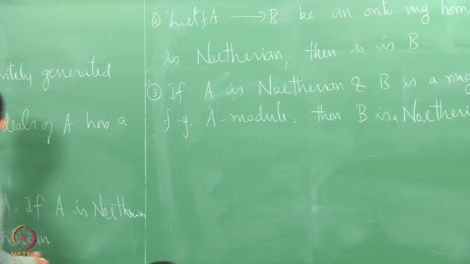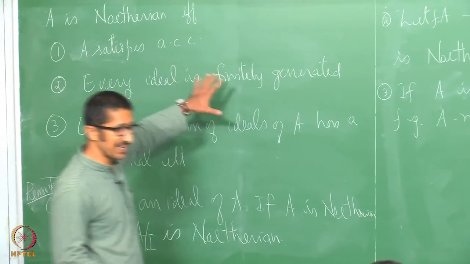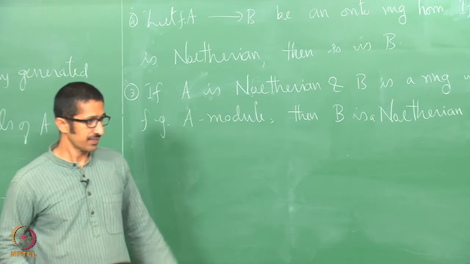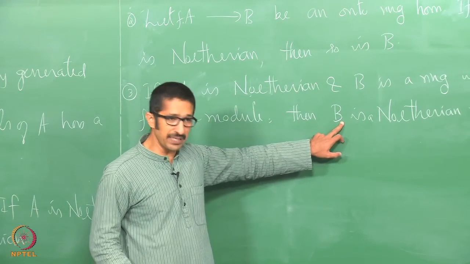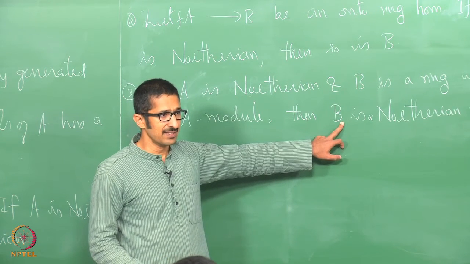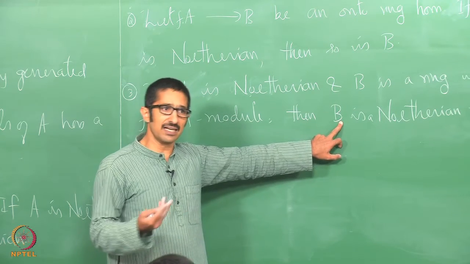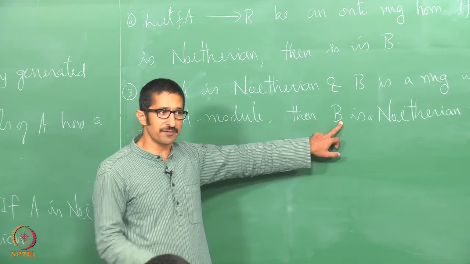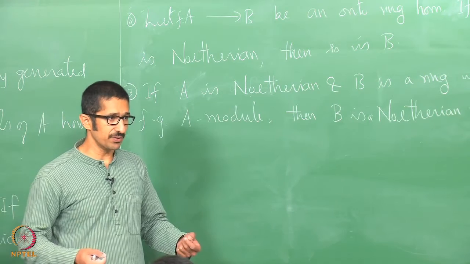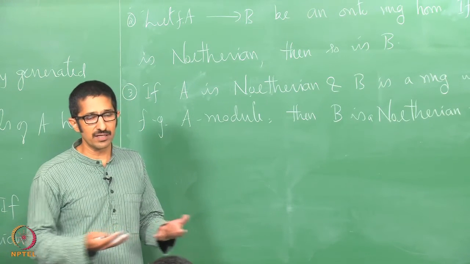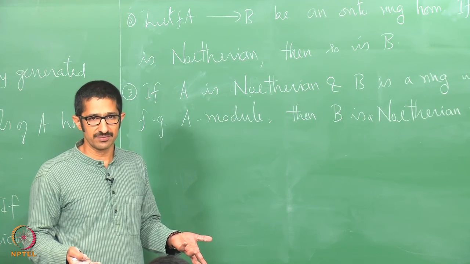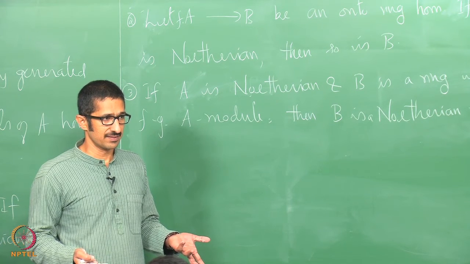We have many ways of saying this. We want to say, for example, that every ideal is finitely generated. If I take an ideal in B, it is an A module, right, but B is already a Noetherian A module, therefore, this ideal is finitely generated as an A module. In particular, it will be a finitely generated B module as an ideal.